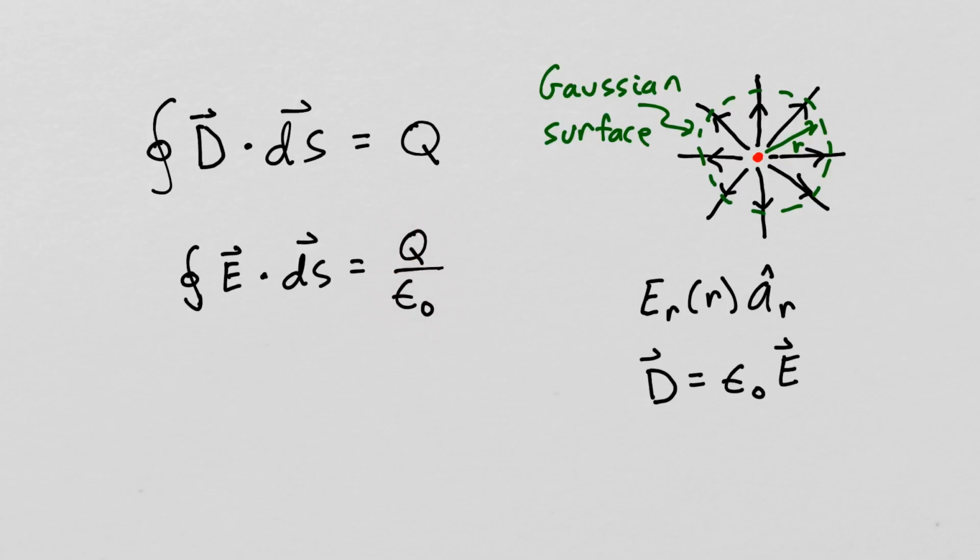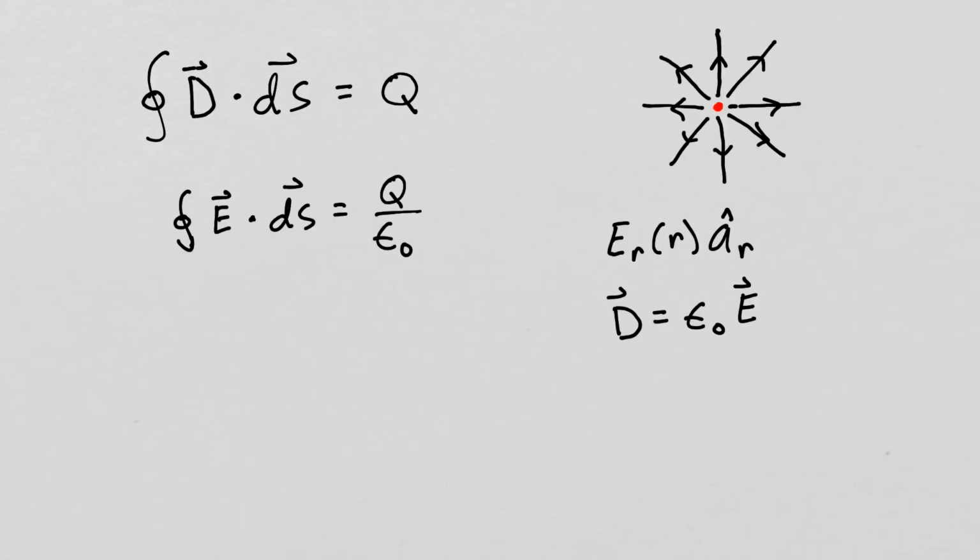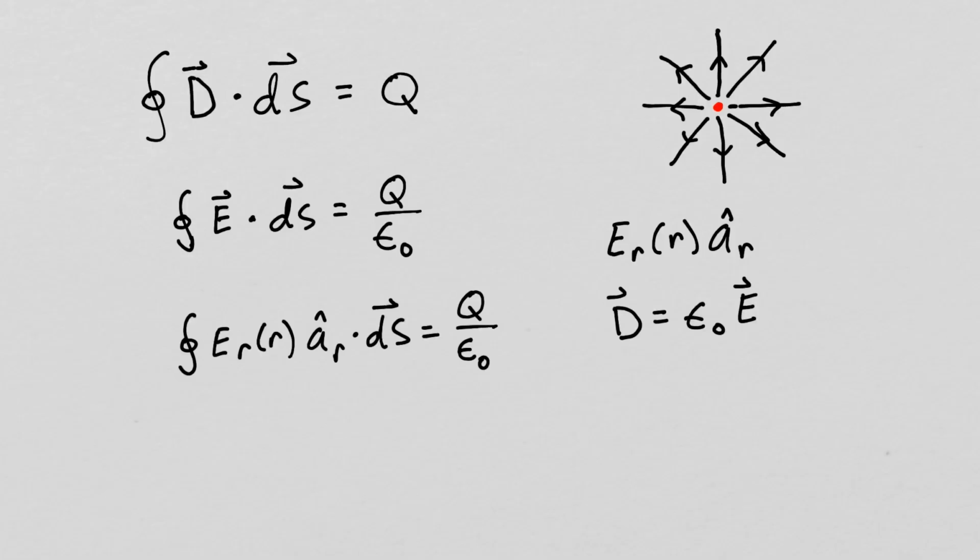Now let's substitute our form for the electric field intensity for our point charge Q at the origin. And now we'll choose a Gaussian surface that is a sphere centered on the origin so that the electric field intensity is constant everywhere on the surface of that sphere. Here we have our Gaussian surface, and we can take the magnitude of the electric field intensity to the left of the integral.